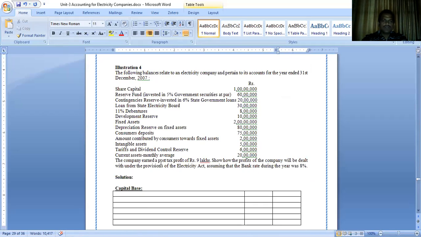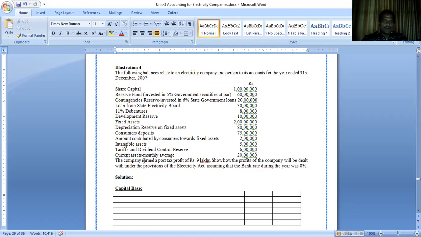Next, illustration 4. From the following balances relate to the electricity company and pertain to its accounts for the year ended 31st December 2007. Share capital, reserve fund invested, contingency reserves invested, loans from state electricity board, 11% debentures, development reserve, fixed assets, depreciation reserve, consumers deposits, amount contributed by the consumers, intangible assets, tariff and dividend control reserve, current assets monthly average.